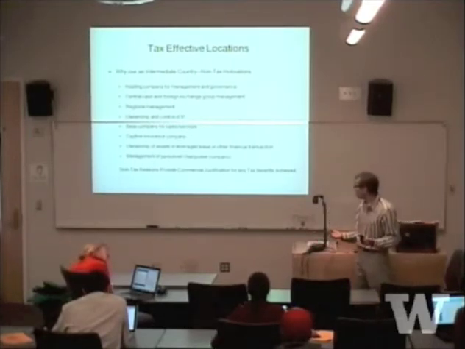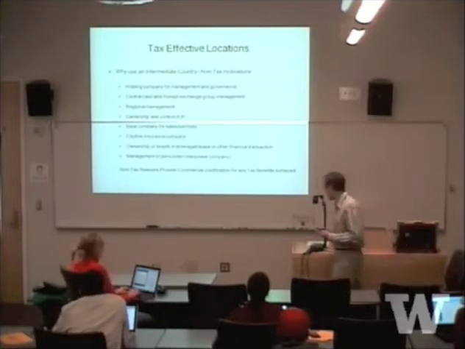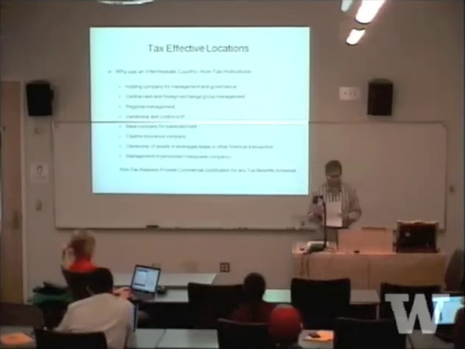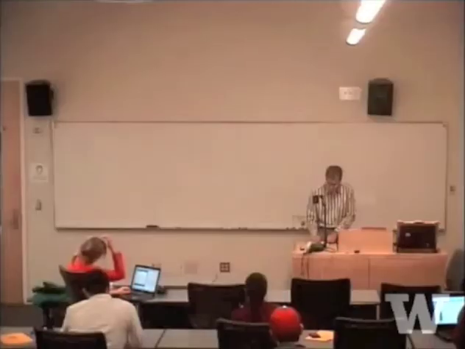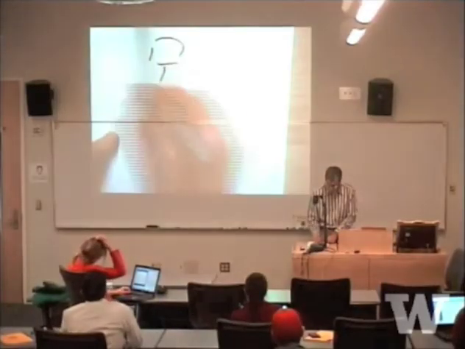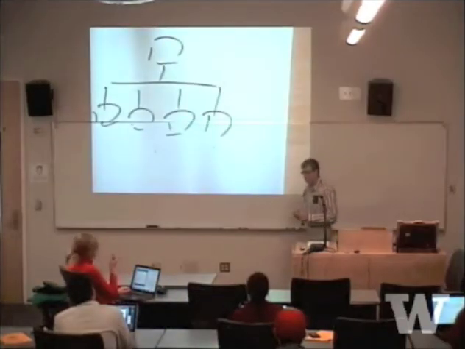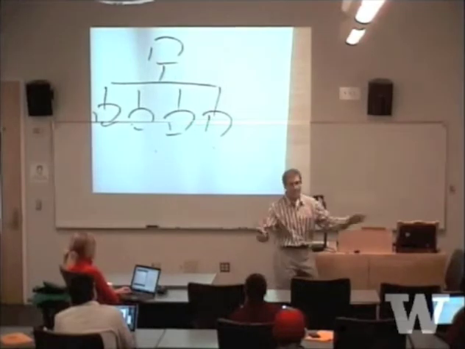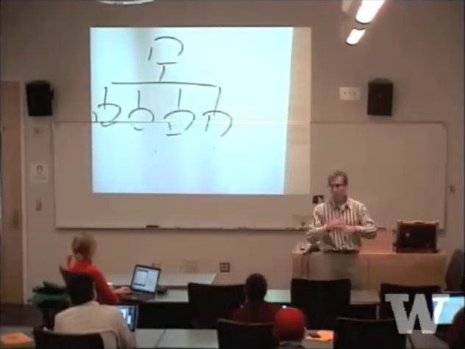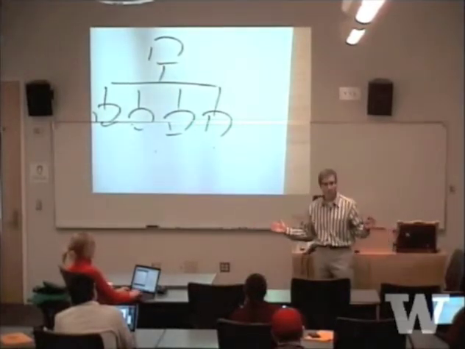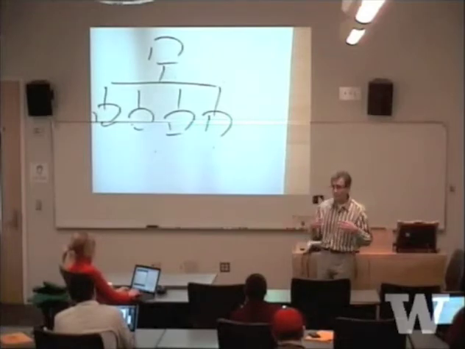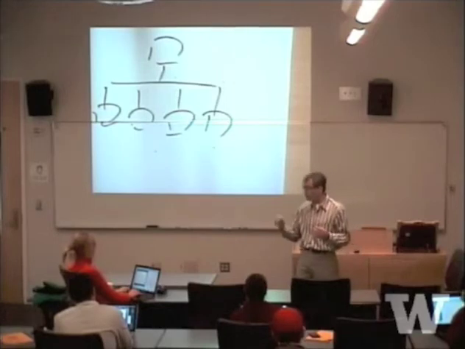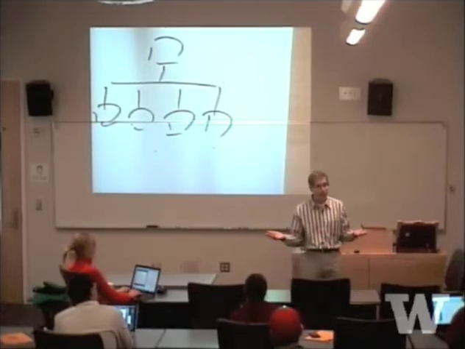Anybody ever heard of captive insurance? Let's speak just a moment about that, because I think that's a particularly interesting example. Let's say that you have a group. Maybe it has 100 subsidiaries in 50 different countries. And right now, each subsidiary for its particular business is buying insurance.